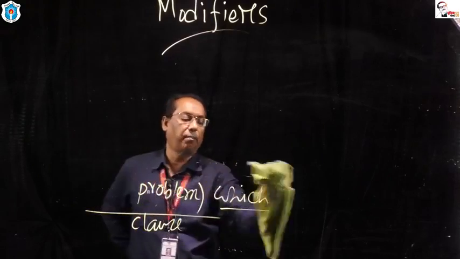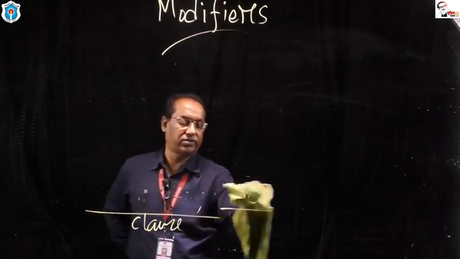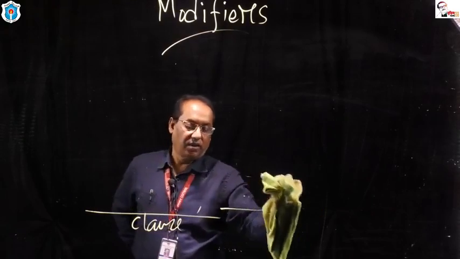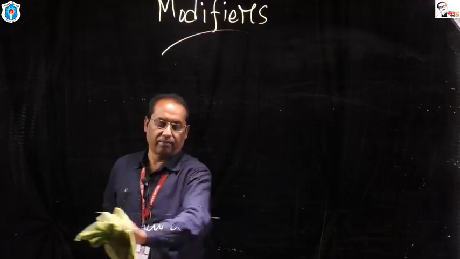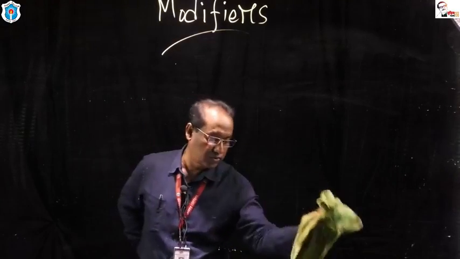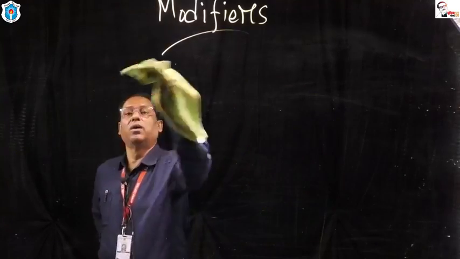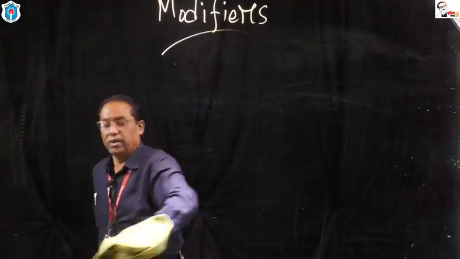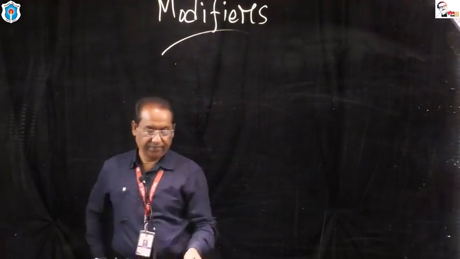This is very simple classification of modifiers, because usually you see these two types of modifiers in your exam, in your common books, but still we have something more to tell about the classification of modifiers.